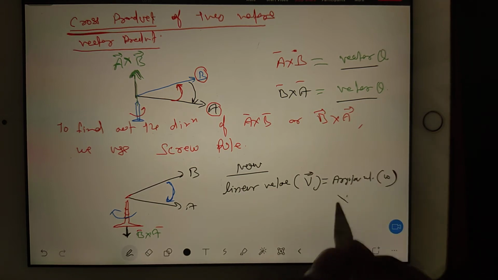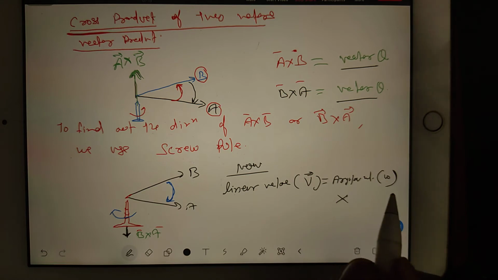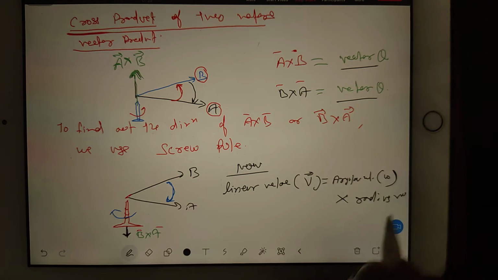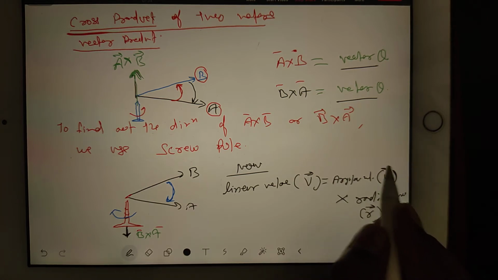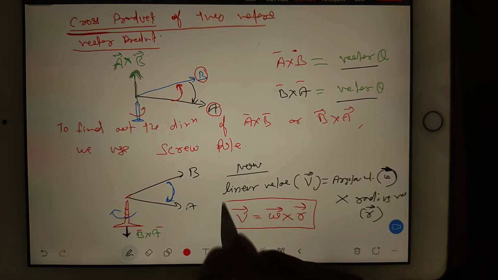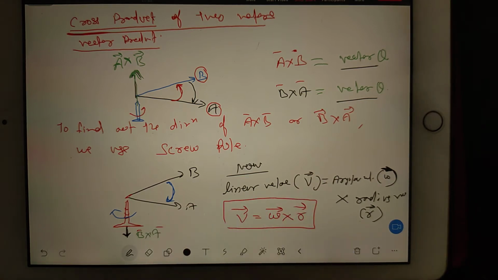This you will cross with, because when making a cross product another vector must come here, so you will write radius vector R. So you can write a fresh equation like this: V is equal to omega cross R.